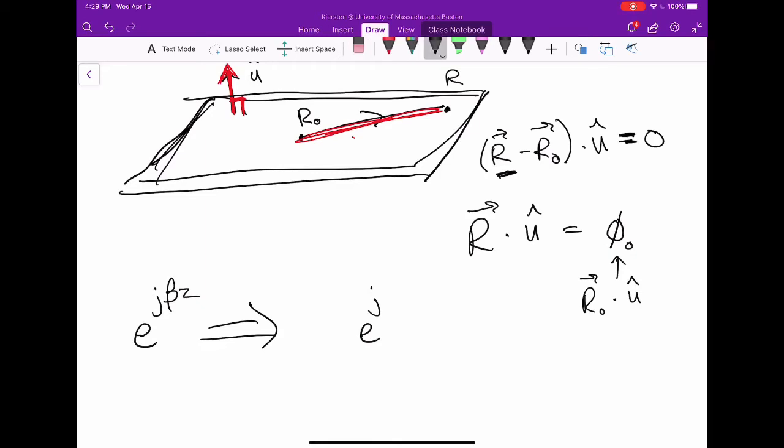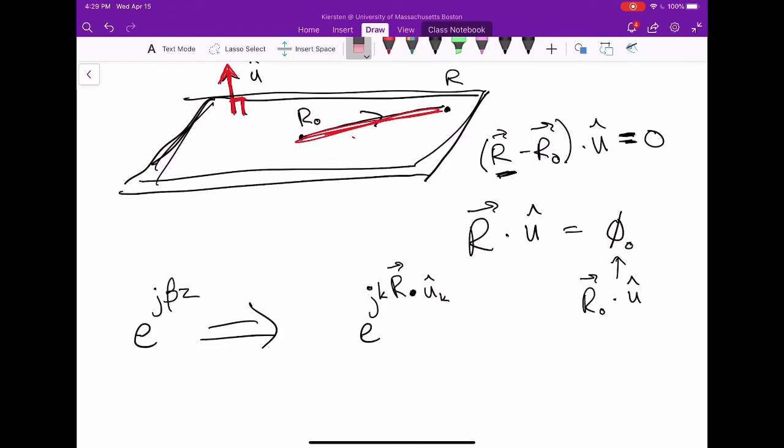So e to the j r dot u hat, but I'm going to name it u sub k, and then I'm going to multiply it by my wave number also, because we also have to accumulate phase at a rate.